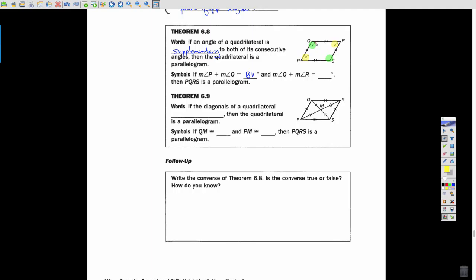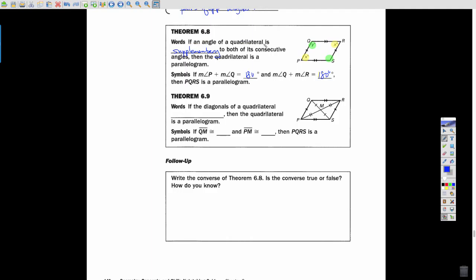So angle P and angle Q, a pair of yellow and green, add up to 180. Angle Q and angle R, green and yellow together, also add up to 180. For the same reason, angle R and angle S also add up to 180. Angle S and angle P also add up to 180. Can't speak this morning.